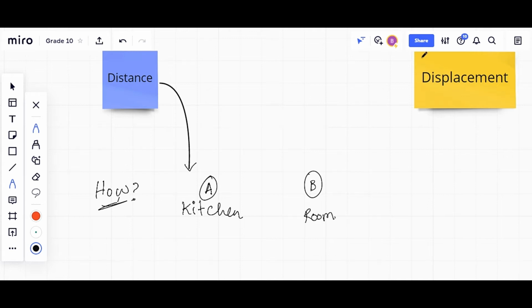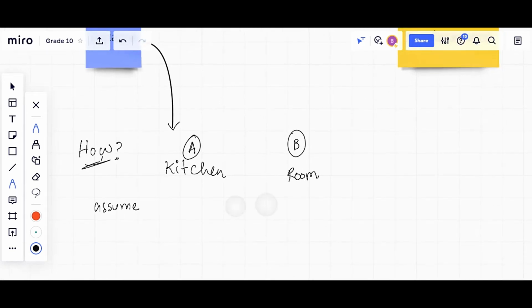And we assume that the distance between these two locations inside your house is around 10 meters. So you are basically moving from your room, covering a distance of 10 meters and going into the kitchen.